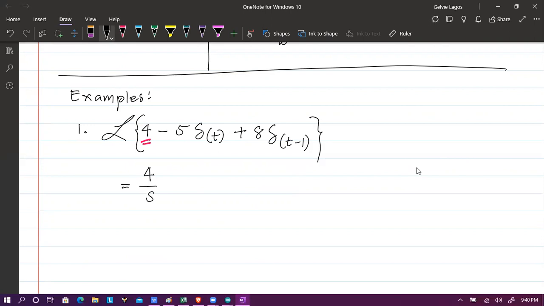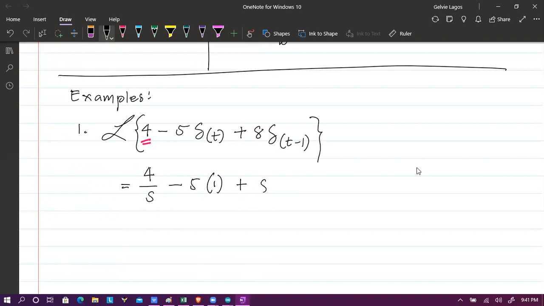What about the Laplace transform of the Dirac delta function? Since 5 here is a constant, we can just take out 5 and take the Laplace transform of the Dirac delta function, which is equal to 1, plus the Laplace transform of the Dirac delta function shifted by 1 unit.